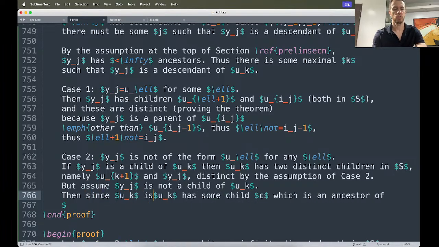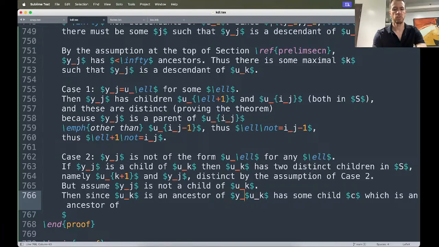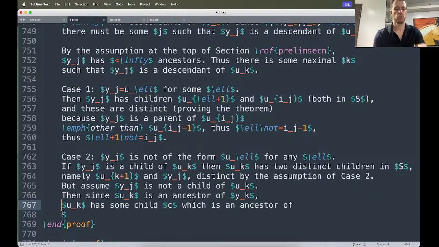Since u sub k is an ancestor of y sub j, u sub k must have some child C, which is an ancestor of y sub j.